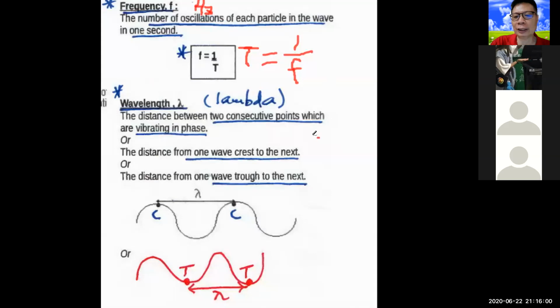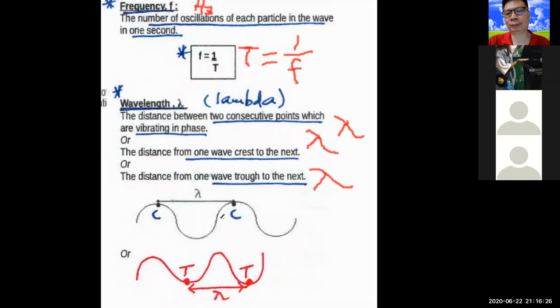I show you. Okay. Lambda is wavelength. This symbol is called lambda. Understand? So what is the meaning of wavelength then?